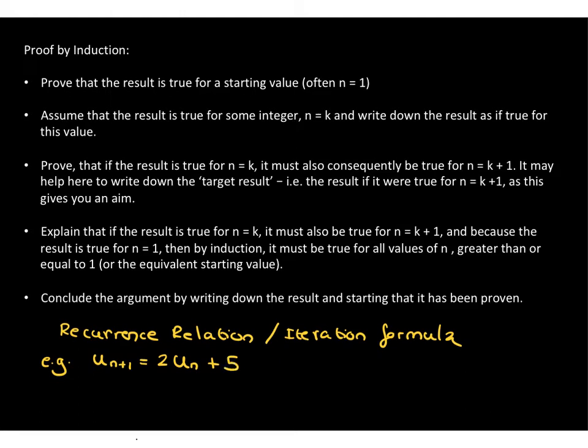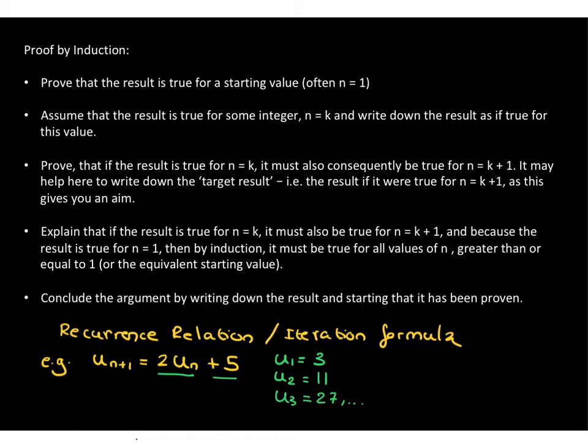You're then given a starting value, u1, which might be equal to, let's say, 3, and you need to be given a starting term, otherwise you can't generate the next term. u2 would then equal 2 times u1 plus 5, so that would give you 11. u3 would then equal 2 times u2, which is 22, plus 5, which is 27, and so on and so forth, and you can generate the whole sequence.